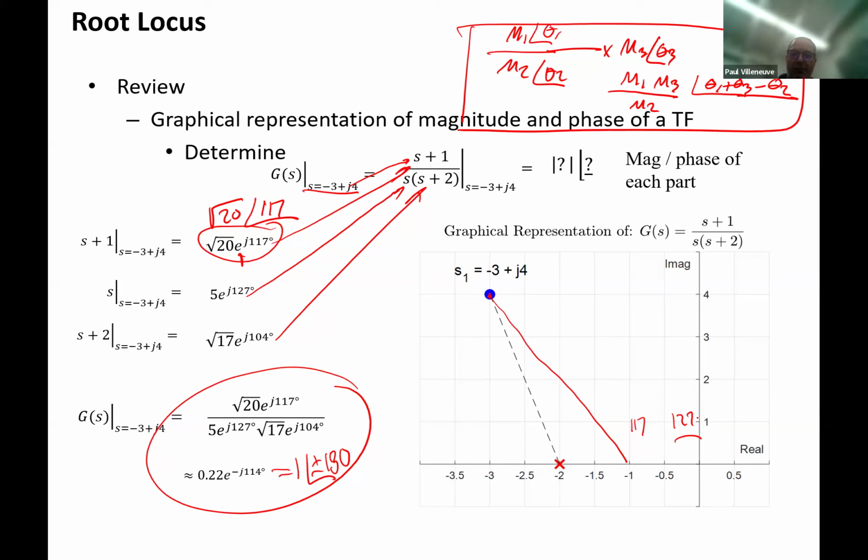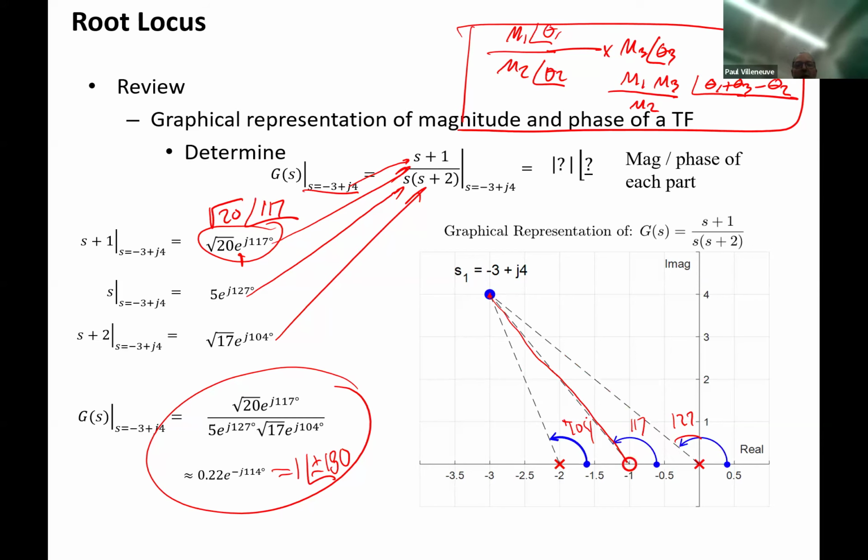So this magnitude right over here should be equal to square root of 17. And this angle is 104. Anybody have any hardship that these are all plus? I'm rotating in a counterclockwise direction, right? So I go 104 degrees in this direction.